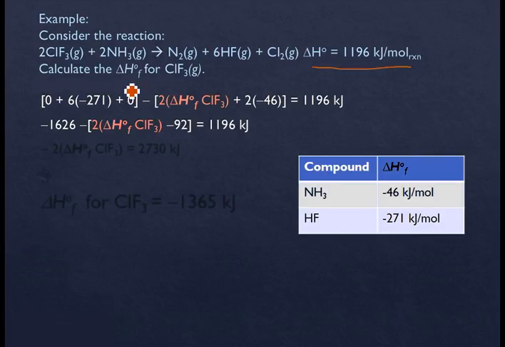We've been given information. We need to calculate the heat of formation of one species within. Okay, so this expression, the heat of formation of chlorine trifluoride, we calculated that directly in this question. And there it is.